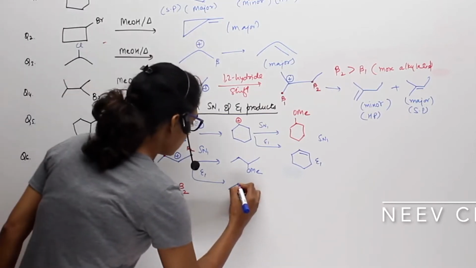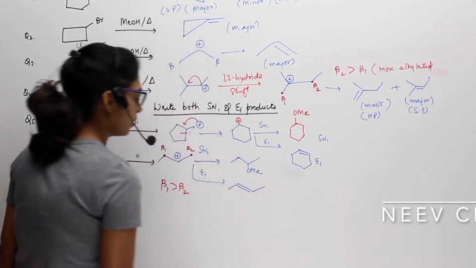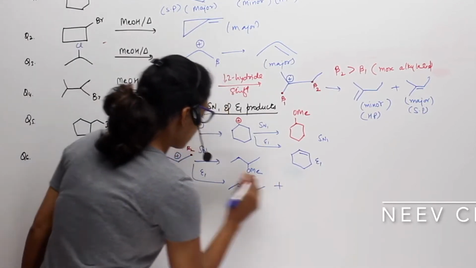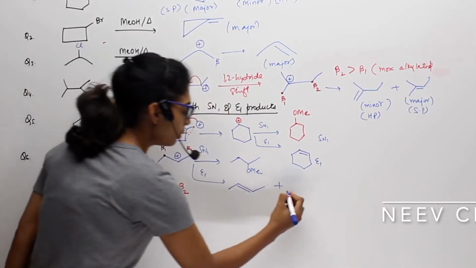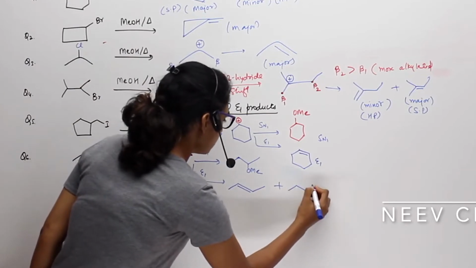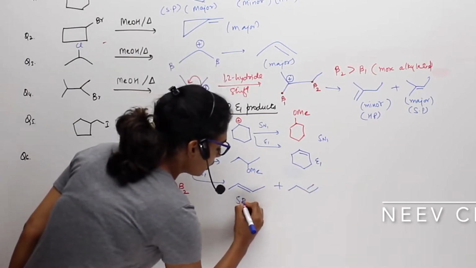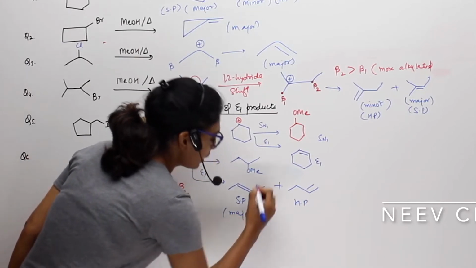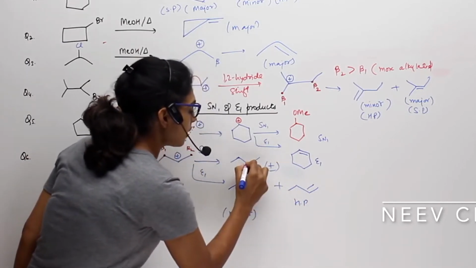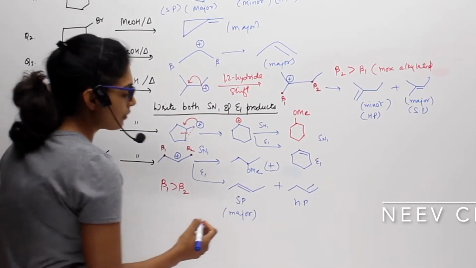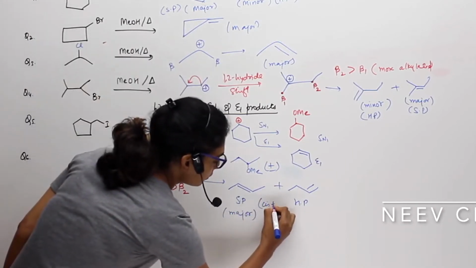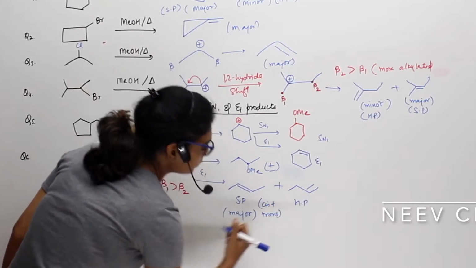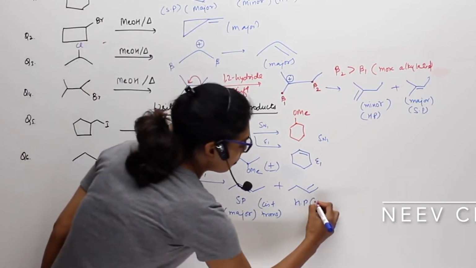So the product will be this, plus removal of hydrogen from beta 2 will give you the Hofmann product. This is Saytzeff product and this is Hofmann product. This will be major. This will be plus minus as this is a chiral center, and here we will have cis and trans. Okay, this will be minor.